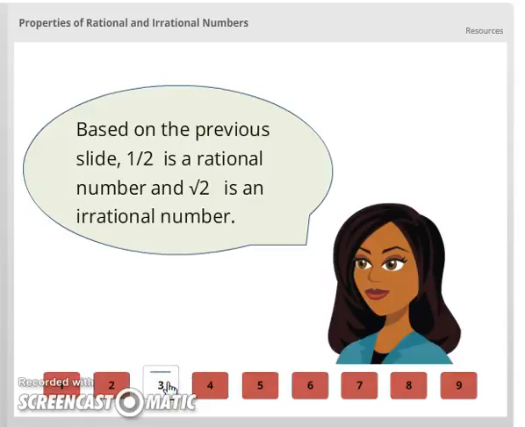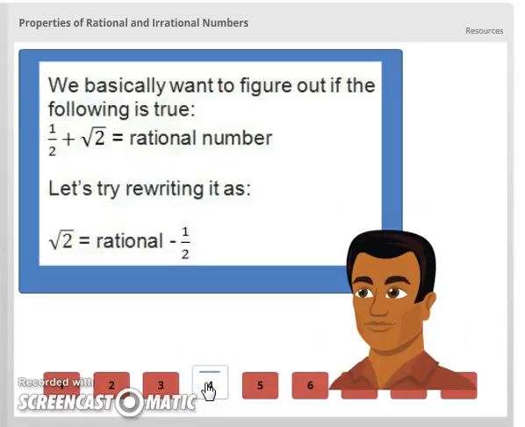So, based on the previous slide, 1/2 is a rational number and the square root of 2 is an irrational number. We basically want to figure out if the following is true: 1/2 plus the square root of 2 equals a rational number. If we subtract 1/2 from both sides, we would be rewriting it as the square root of 2 equals a rational number minus 1/2.